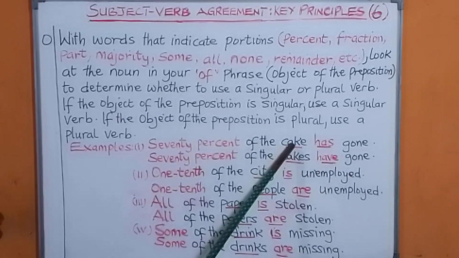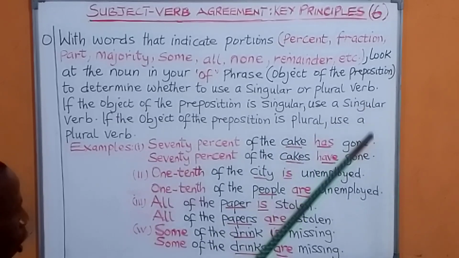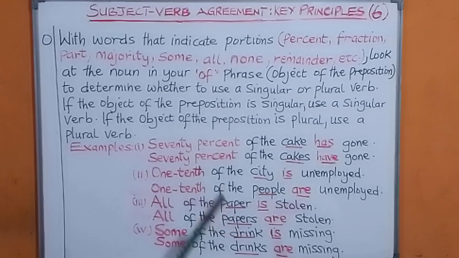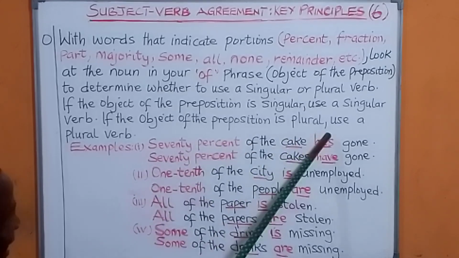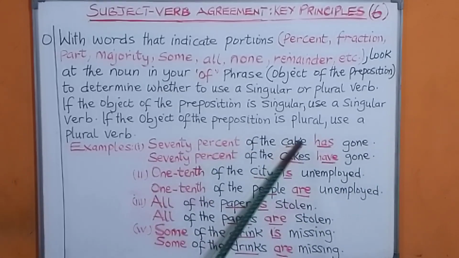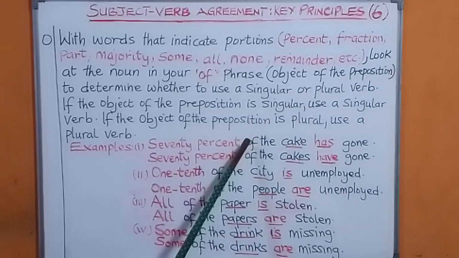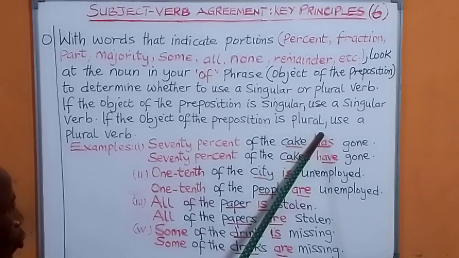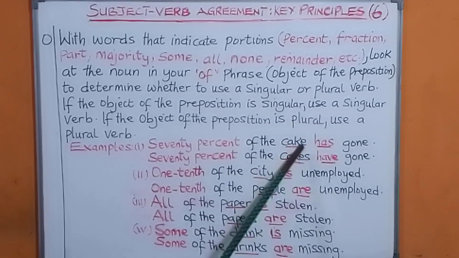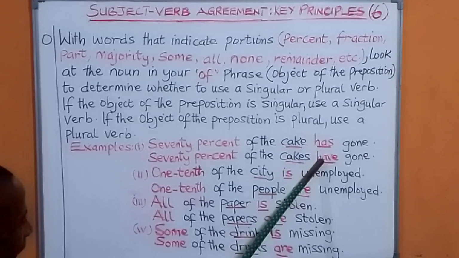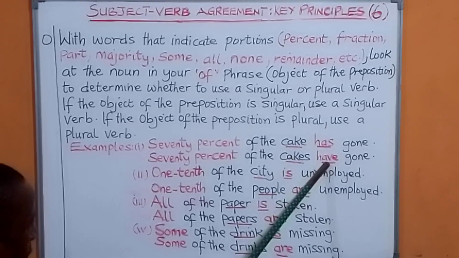But 70% of the cake has gone. 70% of the cake is bad. 70% of the cake was. 70% of the cake goes. But you say 70% of the cakes are, were, have.